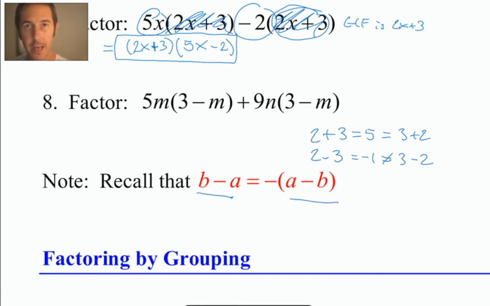How did we manage that? The answer is we factored out a multiple of -1. We reverse distributed a negative. I don't want to go into the process of it. It's not a long process, but just realize that if you factor out a negative from the positive b, it becomes negative. And if you take a negative away from the negative a, it becomes positive. And sure enough, there's the positive a and the negative b, and there's that negative that you factored out of the expression.